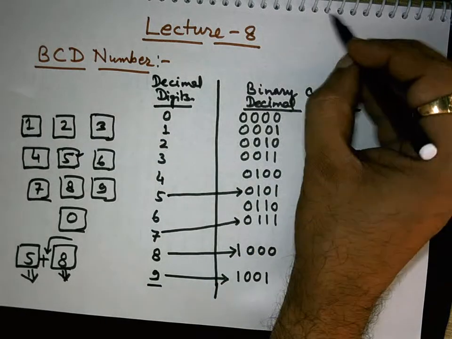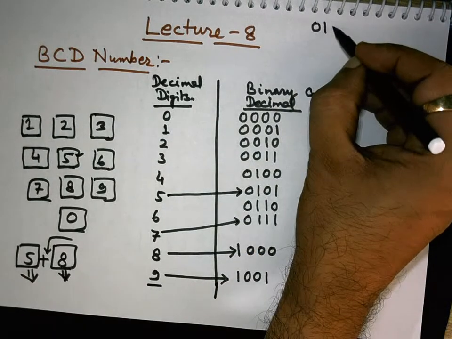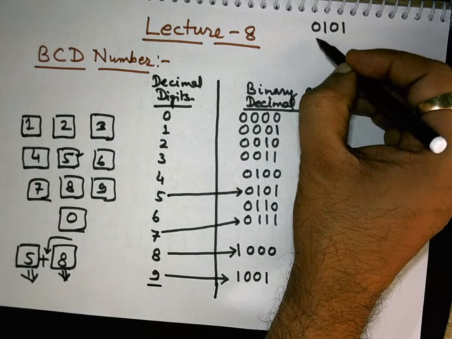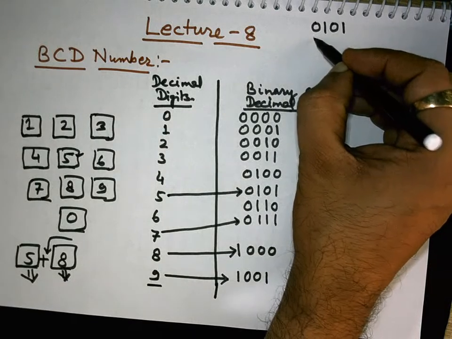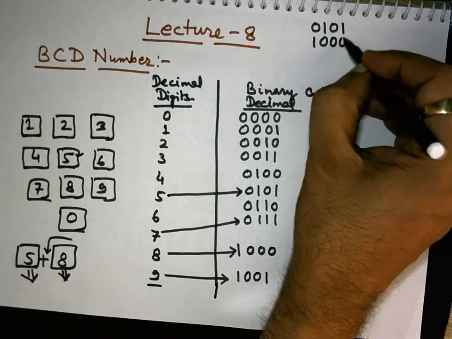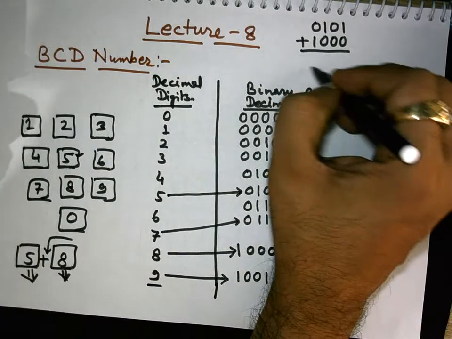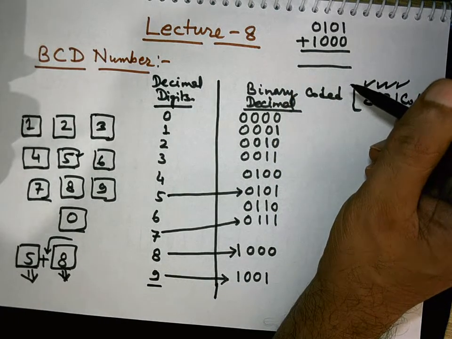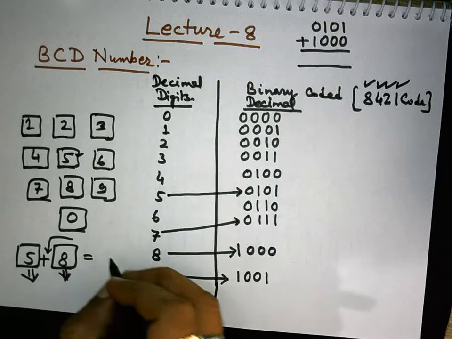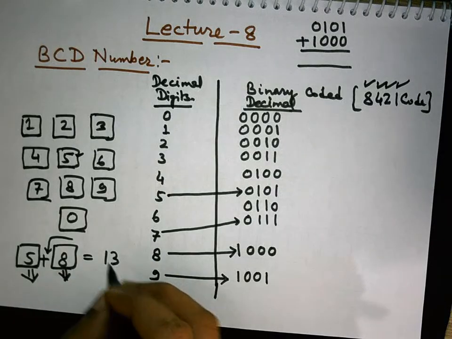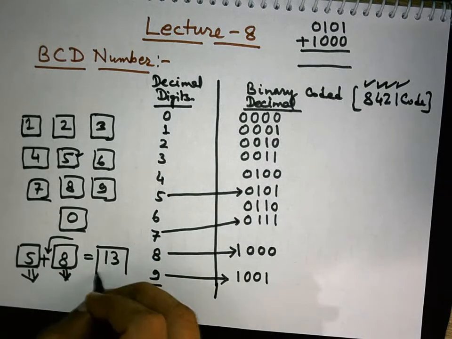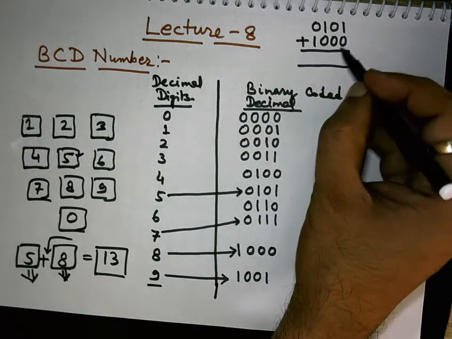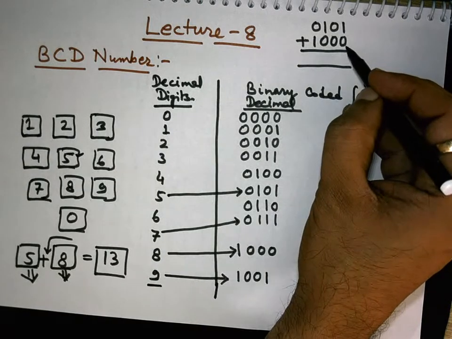It performs the addition operation between these two binary coded decimals, and our calculator has to show us a result of 13.